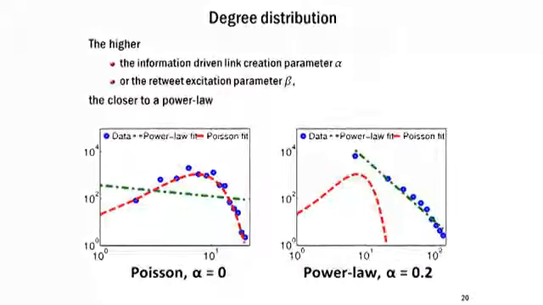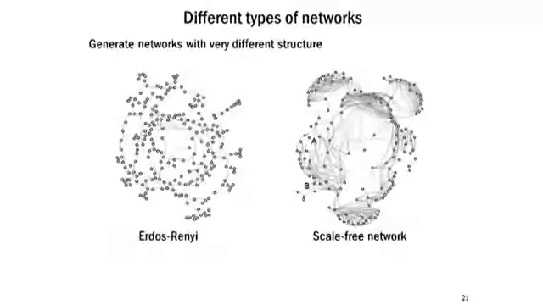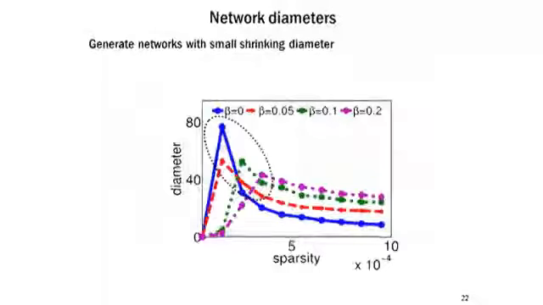And as you increase these parameters, you will generate a network which ranges from a random graph to a graph which has a power law degree distribution, which you see in real-world networks. So these are the diversity of the types of network you can generate from such a model. You can also look at the diameter of the network.